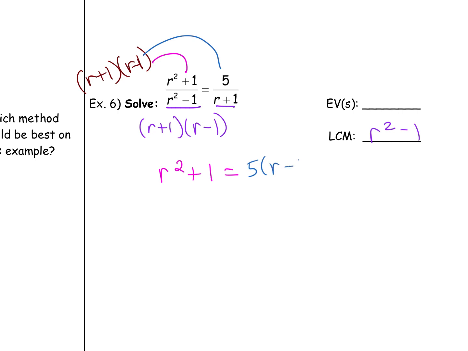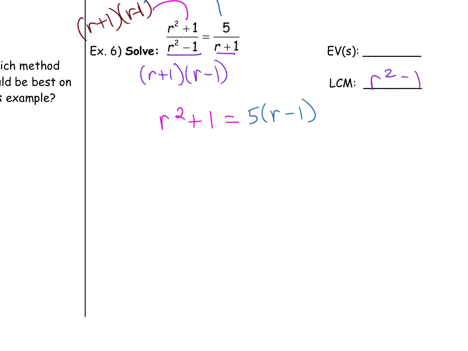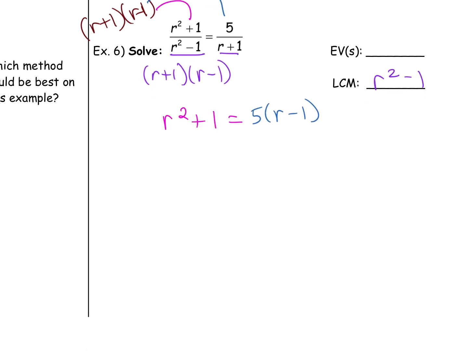So we will do 5(r − 1). And then after that, we just simplify, and we're going to have a quadratic. So we got r squared plus 1 equals 5r minus 5. r squared minus 5r plus 6.